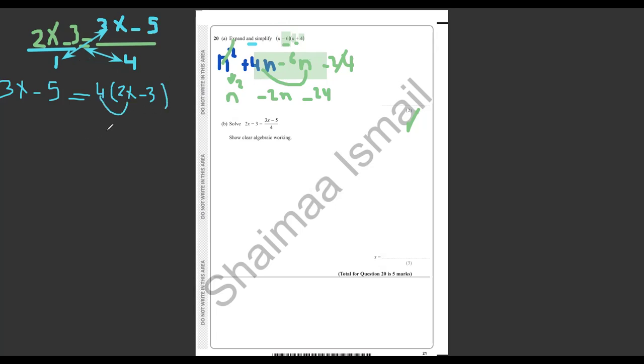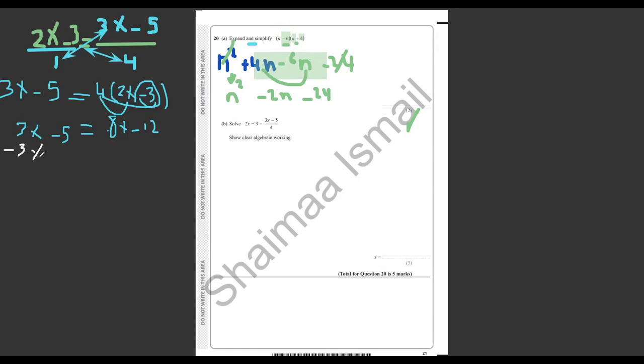And under it, we expand it like this. We say 4 times 2, which equal to 8x. Then the 4 multiplied by negative 3. Don't forget to merge the sign with the number, so negative 12. And here it would be equal to 3x minus 5. We have to get the x on one side.